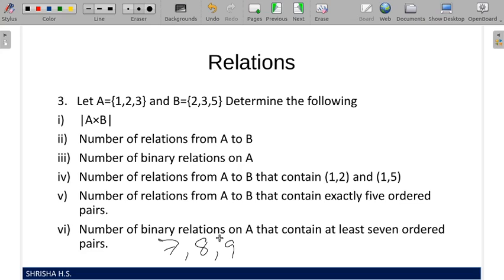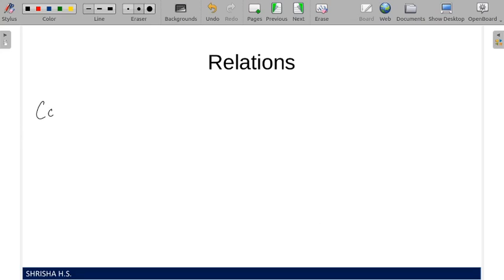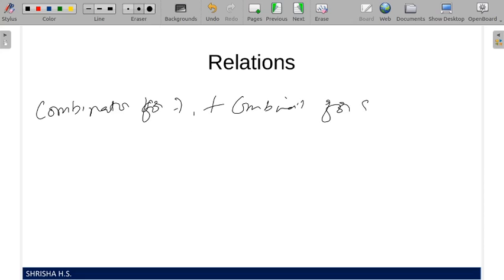So it may be 7, it may be 8, it may be 9. So how do we calculate? So combinations for 7 plus combinations for 8 plus combinations for 9.